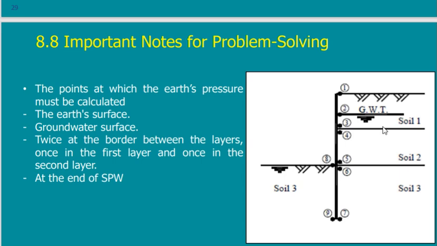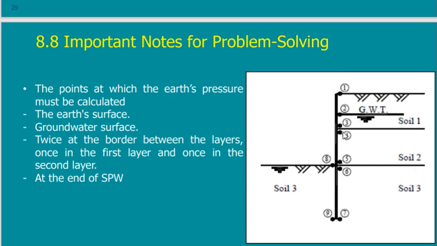Will 1 centimeter affect the value of C or the value of the depth? No, it's the same depth. If I have a depth of 2 meters, then 2 meters minus 1 centimeter is also 2 meters, and 2 meters plus 1 centimeter is also 2 meters. It's nothing.